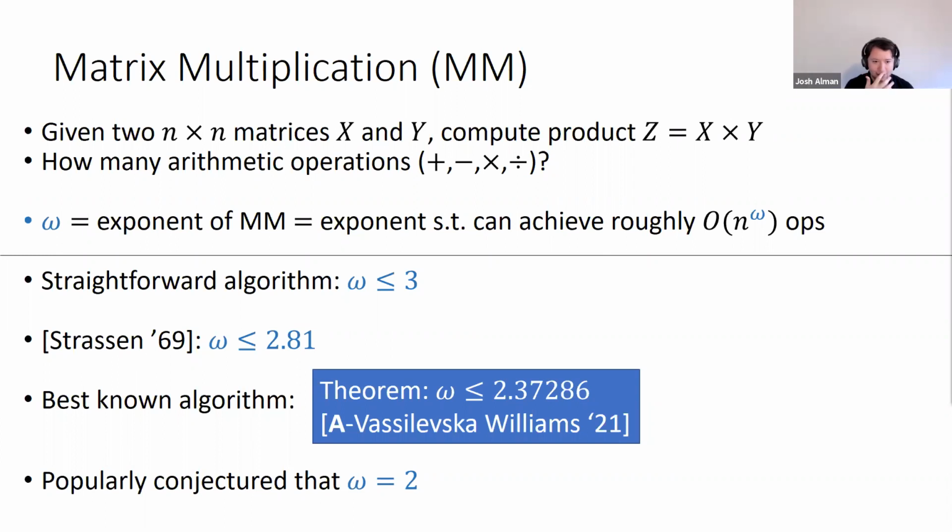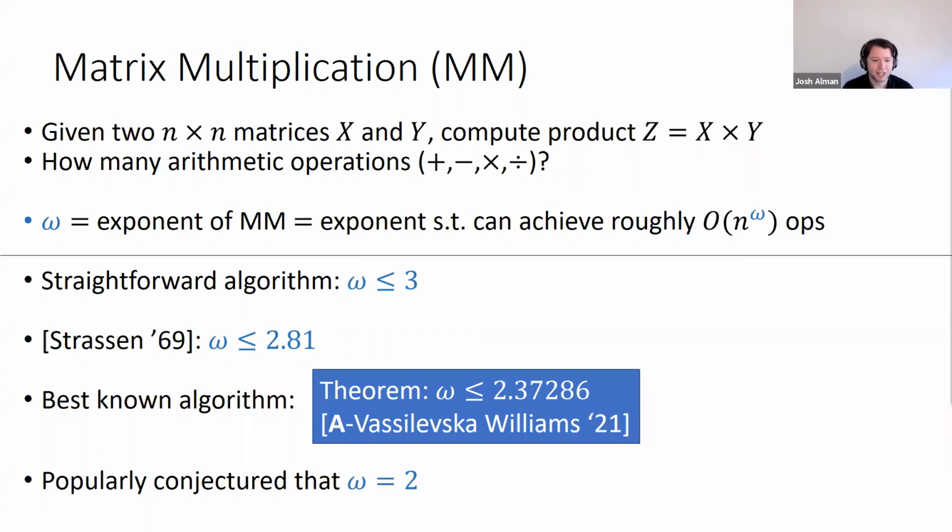So if omega is 2, that means you can multiply n by n matrices in roughly the same amount of time as it takes just to read them in and write them out. Especially in light of all the different applications of matrix multiplication, this would be a really nice and powerful result. It's popularly conjectured to be true, but we don't yet know the algorithmic techniques needed to achieve that.